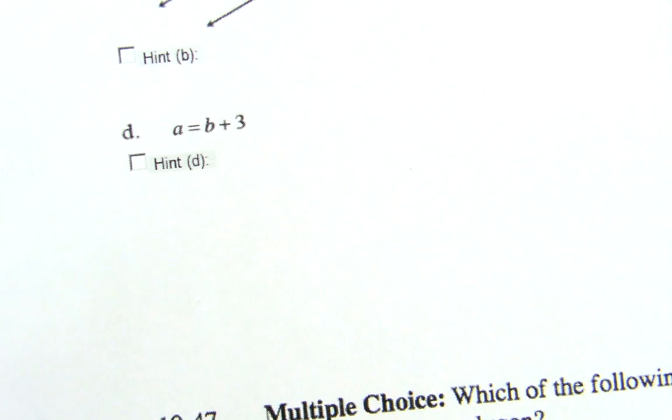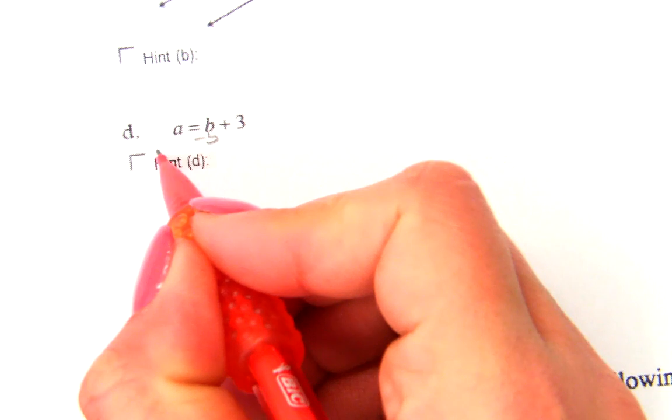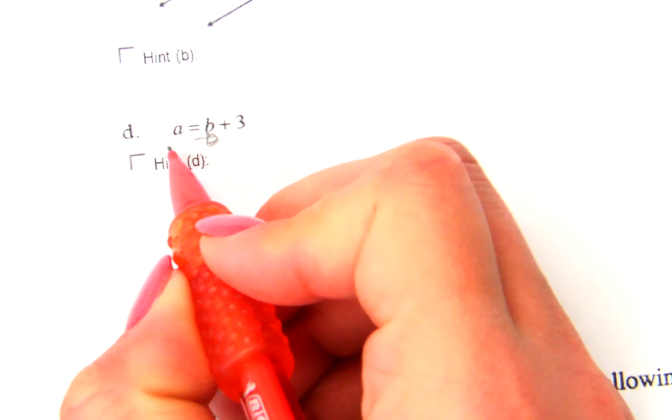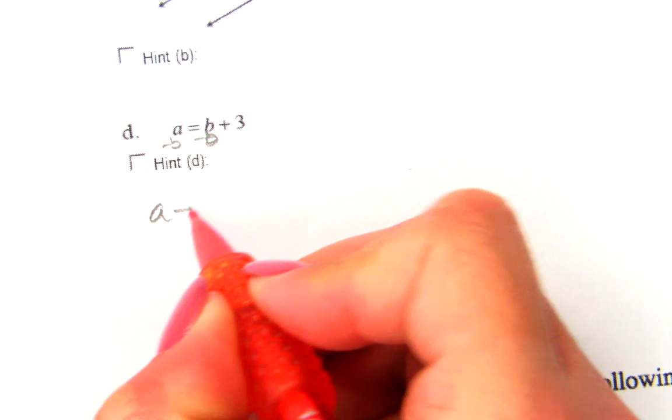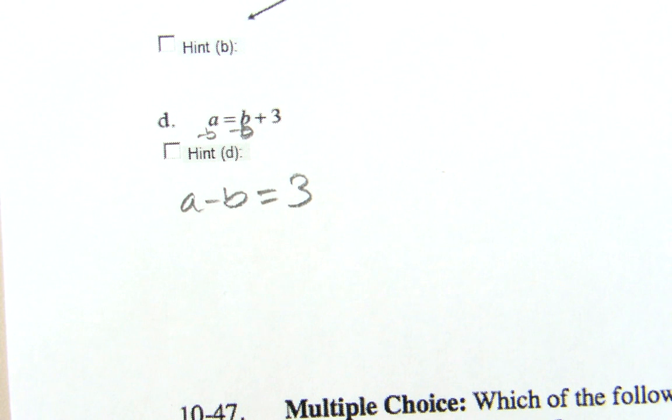Okay, well, technically, if I subtract B from A, then I have that A minus B is equal to 3. Okay, well, what does that tell me? It pretty much tells me that A has to be a positive number. Can't be a negative.